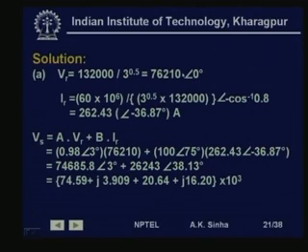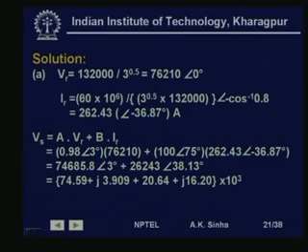Now, next what we have to do is find out the current at the receiving end. We know that the power at the receiving end is given as 60 MVA at a power factor of 0.8 lagging.